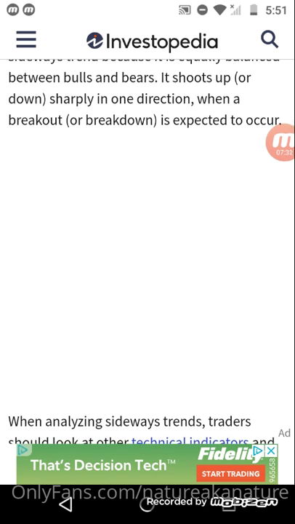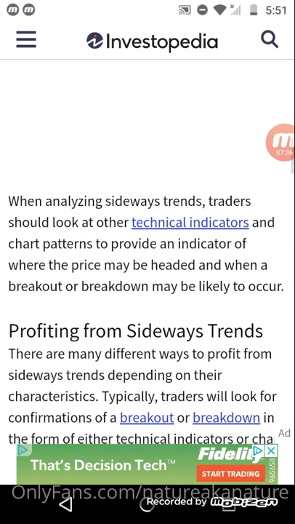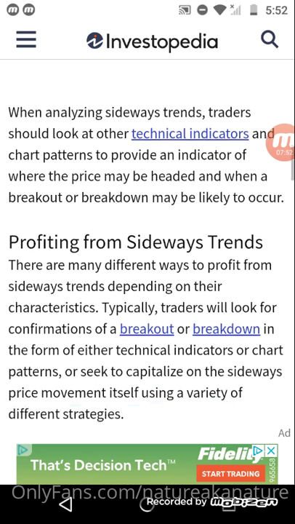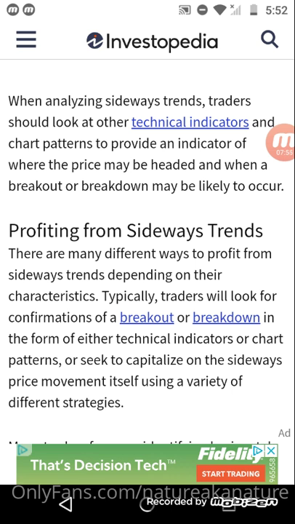When analyzing a sideways trend, traders should look at other technical indicators and chart patterns to provide an indication of where price may be heading, and when a breakout or breakdown may be likely to occur. A breakout is going up, a breakdown is going down. So if a breakdown happens after a consolidation period, it's most likely going down. If it breaks up after a consolidation period, it's going up.